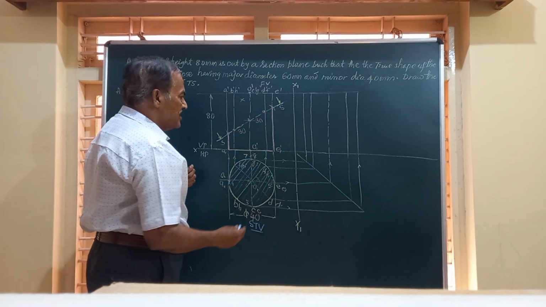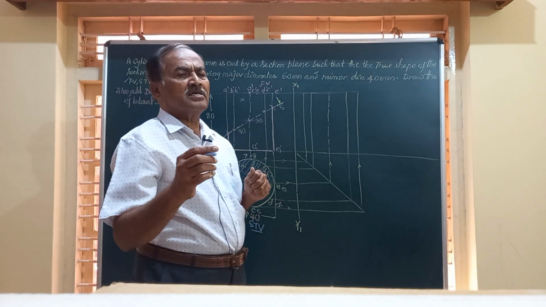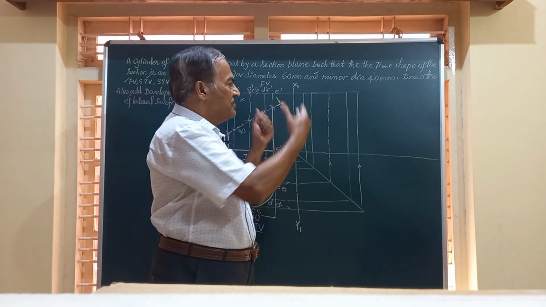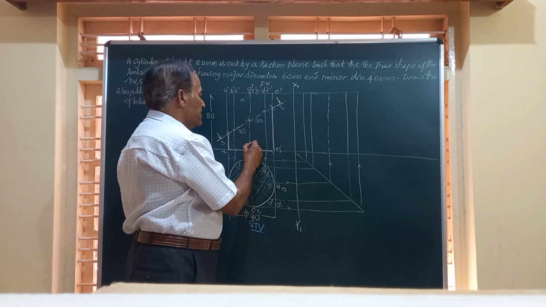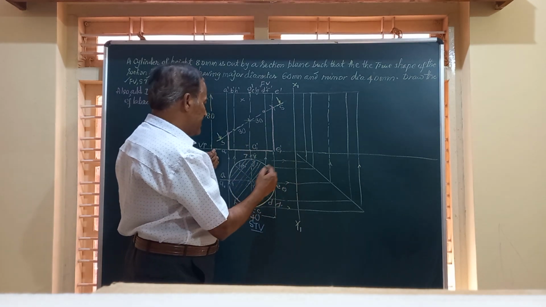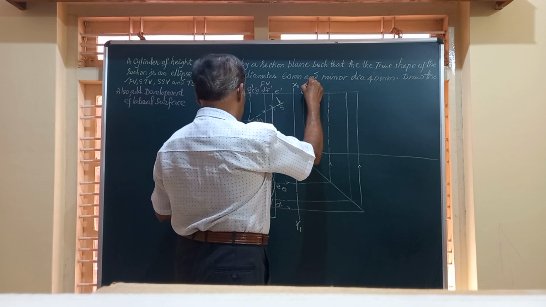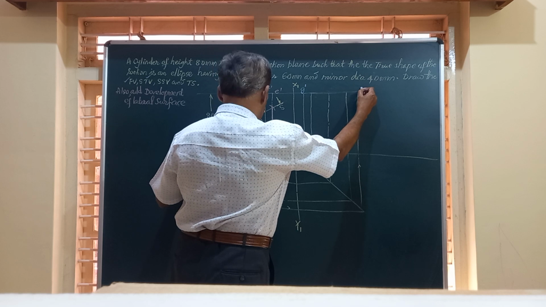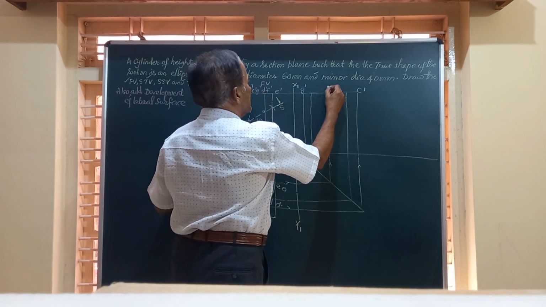So before that, let me get the side view for a cylinder. The front view and side view will be exactly identical when it is placed on HP with the axis normal to HP. So friends, let us see what the points are. This point is going to be G dash, and this other extreme is C dash. You have A dash and E dash in the center.